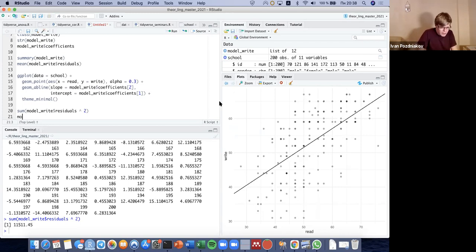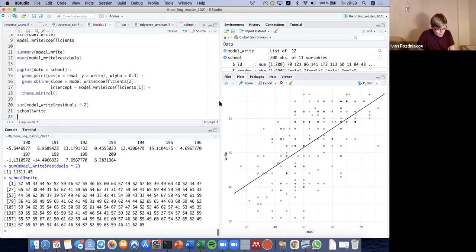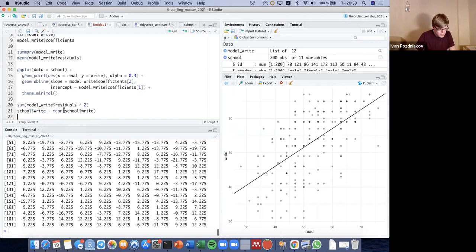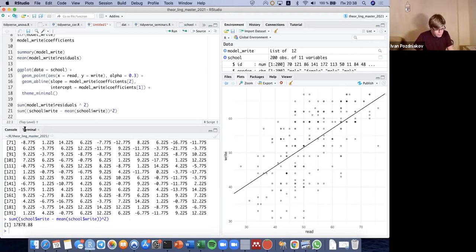So if we take these values, and then we calculate the difference to the mean, and the same, we calculate the square for them, and then we sum the squares, right?